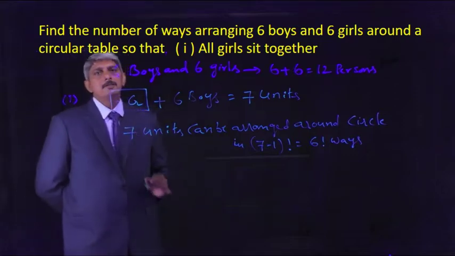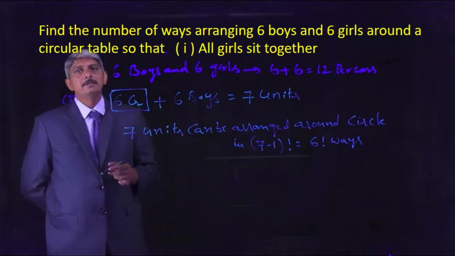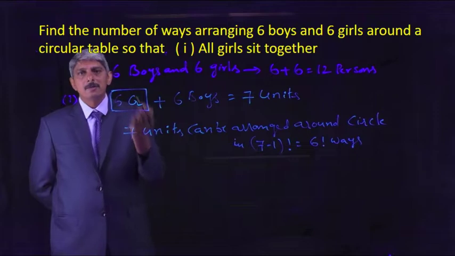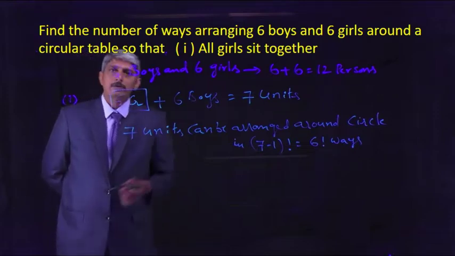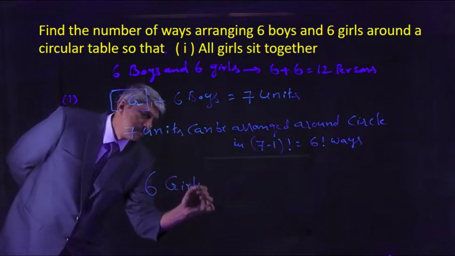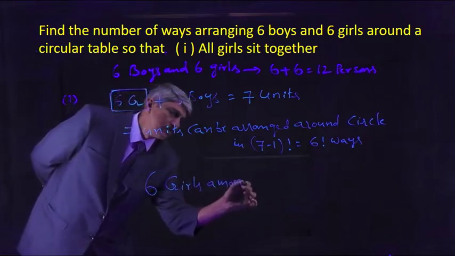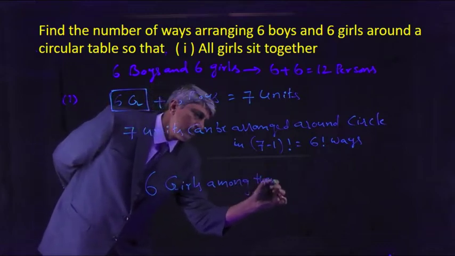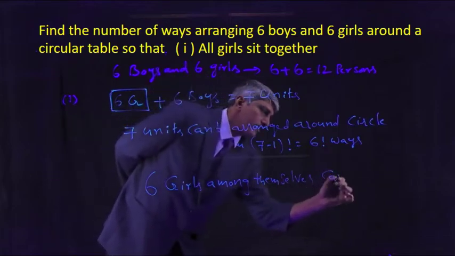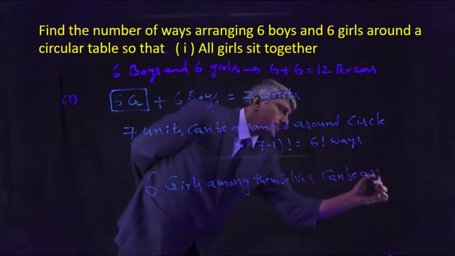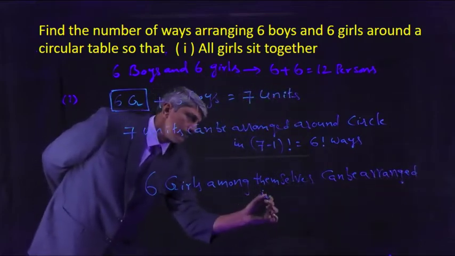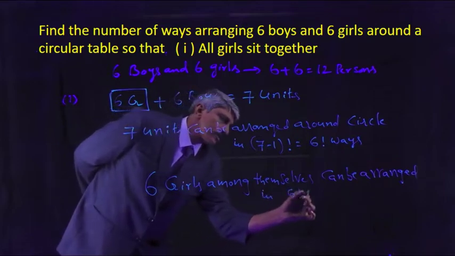Now these 6 girls among themselves can be arranged in 6 factorial ways.